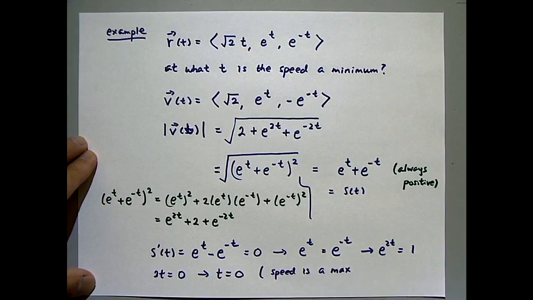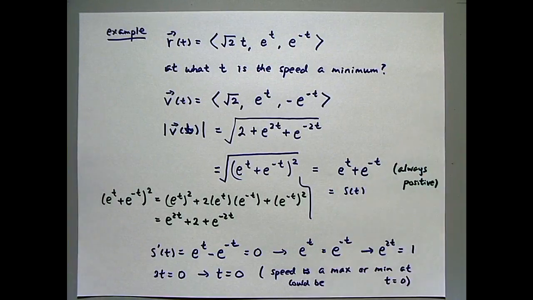And this means that the speed could be a maximum or a minimum at t equal to 0. Now remember, finding that number alone doesn't guarantee that you get what you want. It tells you that there is a potential to find the maximum or the minimum there.